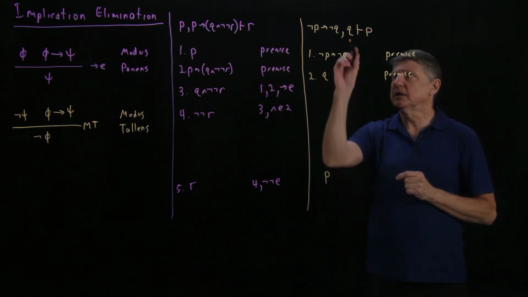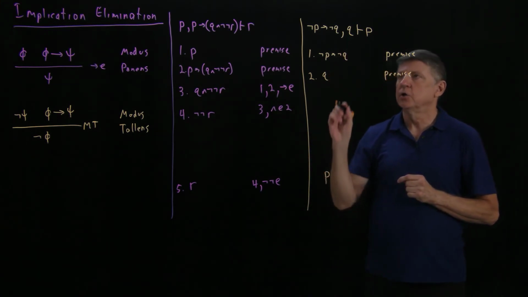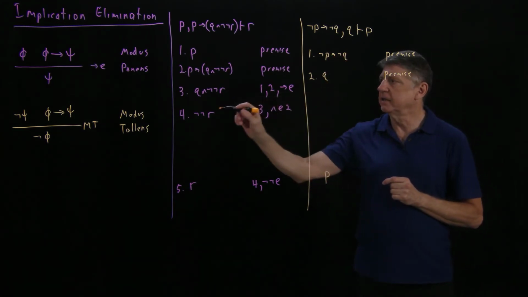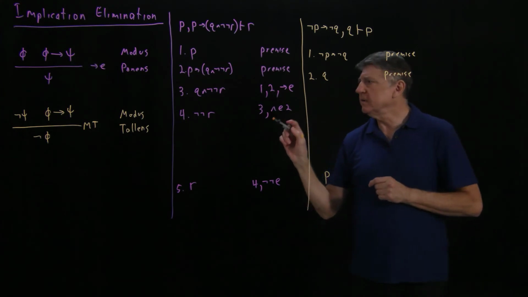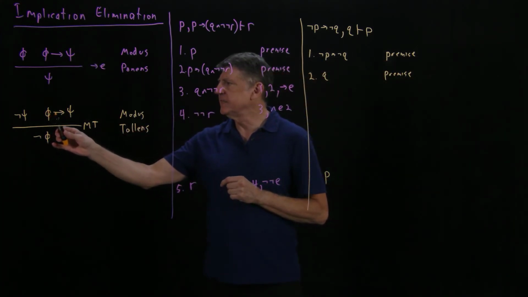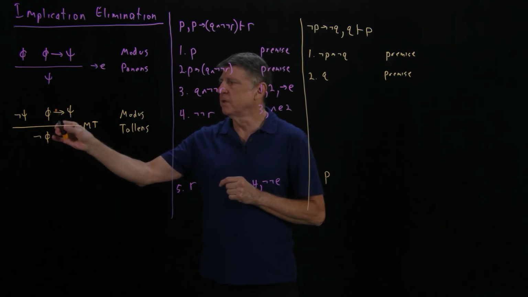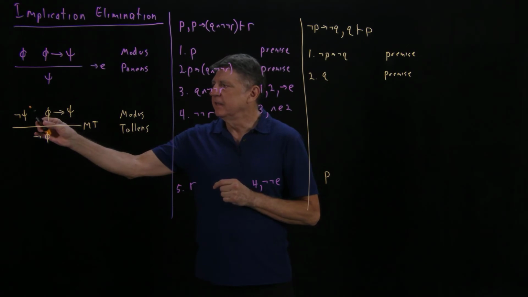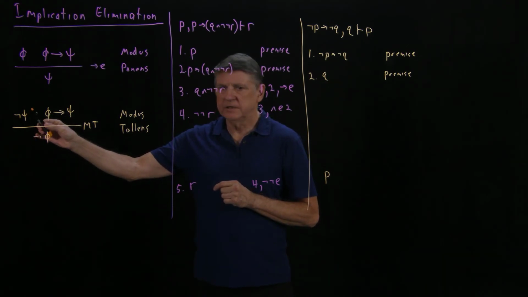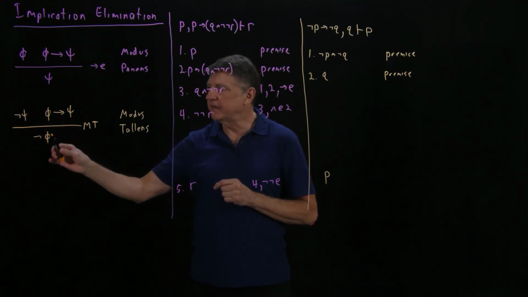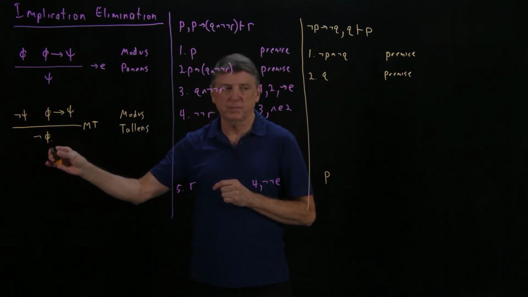And if I look at these, I don't see any immediate path that I can apply these to. So let me look at the rule of Modus Tollens carefully. It says that if I see a formula implying another formula, and if I see the single negation of the consequent on its own line, that I can conclude the negation of the antecedent.